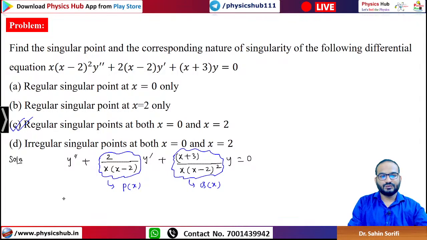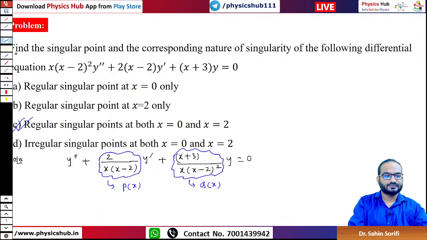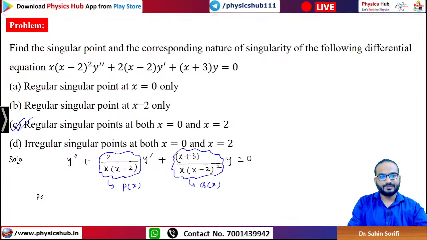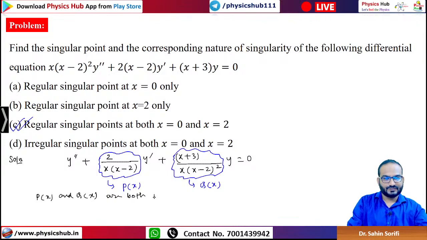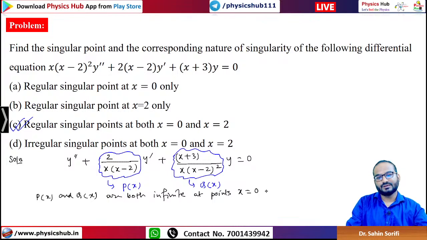Now as you can see, if you put x equals to 0, p of x and q of x are both infinite at points x equals to 0 as well as x equals to 2.